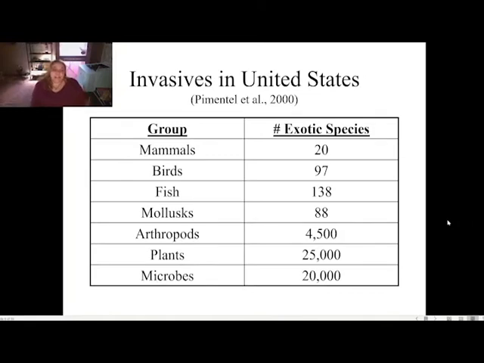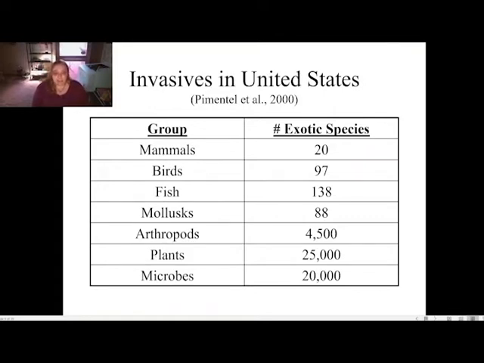The United States has quite a few invasives. The majority of our invasive species are plants and microbes, but those aren't necessarily the ones causing the biggest impact. I mean, they are causing a huge impact, don't get me wrong. We're going to talk about a lot of the plants and some of the diseases that have become invasive here.